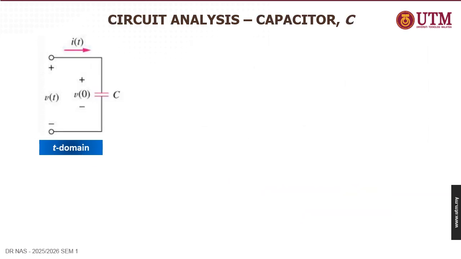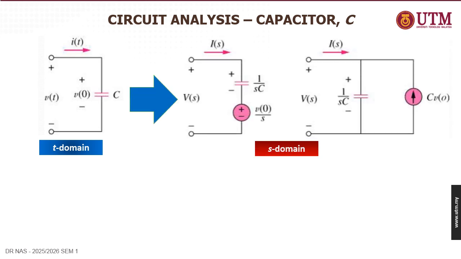Next, let's consider when you have a capacitor inside a circuit. This is the time domain representation of the circuit, so you need to convert the circuit into S domain function. Either you can use series connection, or you can also use parallel connection.